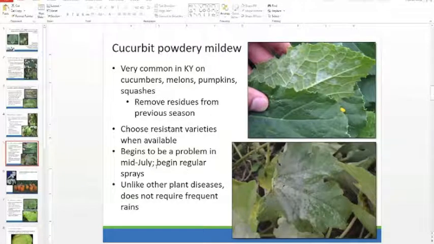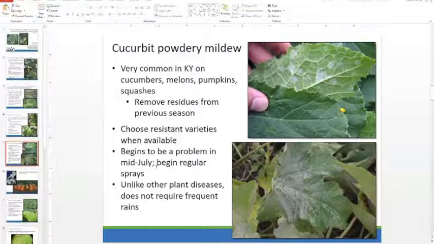But I say that with an asterisk, in that you should also consider how long you intend to go with that vining crop, how long you intend to pick it. Because if it's, say, a shorter season cucumber crop, it may be more economically viable for you to move on to other parts of your production at that point and not invest as much economically in some of the more expensive powdery mildew fungicides.